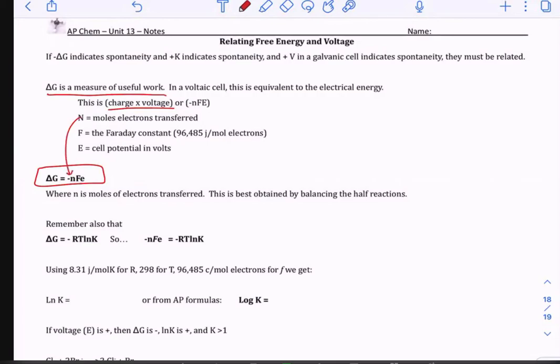In the last problem, N was 2, but in the previous problem, N was 1. It's all based on how many moles of electrons are needed for reduction. F is the Faraday constant, and E is the potential. I guess it should be capital E. But anyways, negative NFE is how you solve for delta G. So anytime there's a voltage given, you should be able to solve for delta G.